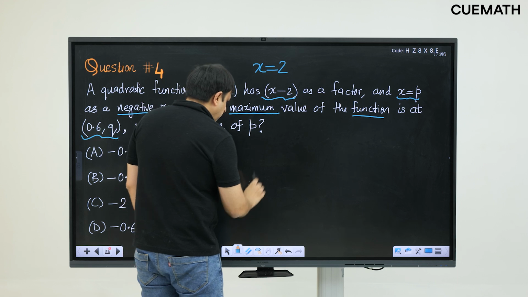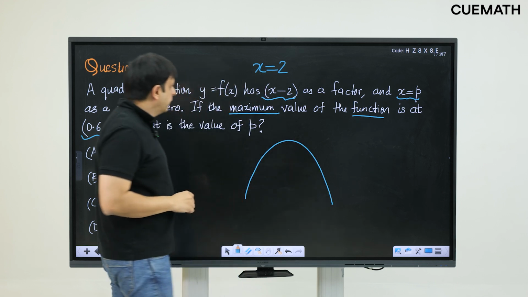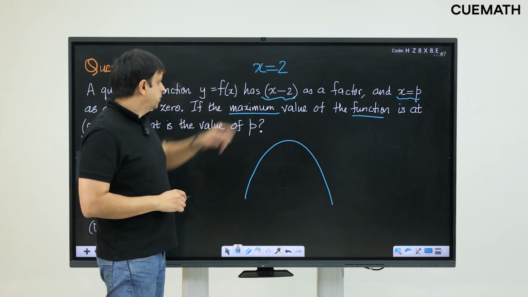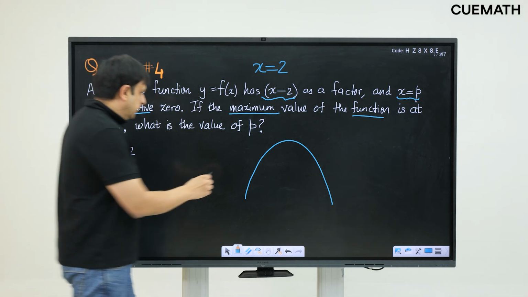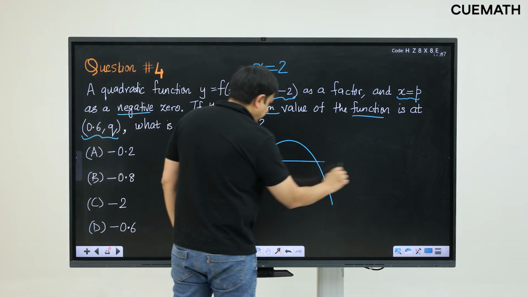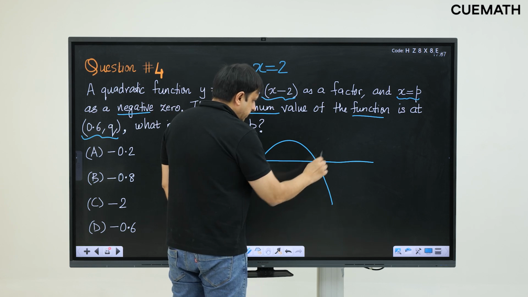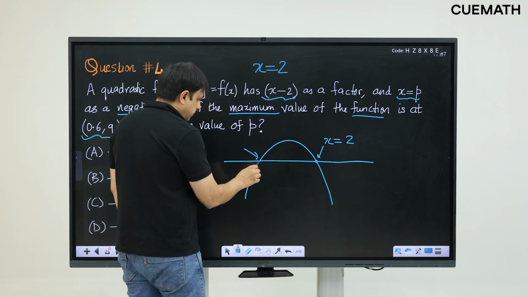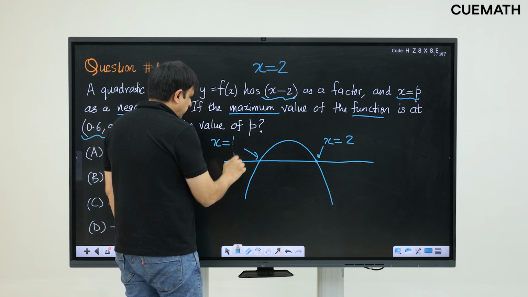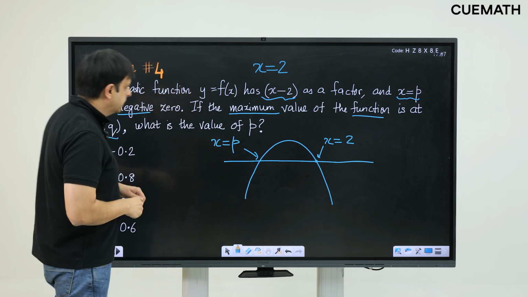So, the parabola opens downward, and we are also told that x equal to 2 and x equal to p are the two zeros. So, let me draw an x axis like this, and let us call this x equal to 2. So, this is one of the zeros, and let us call this point x equal to p, which is another 0, and we also know that p is negative.